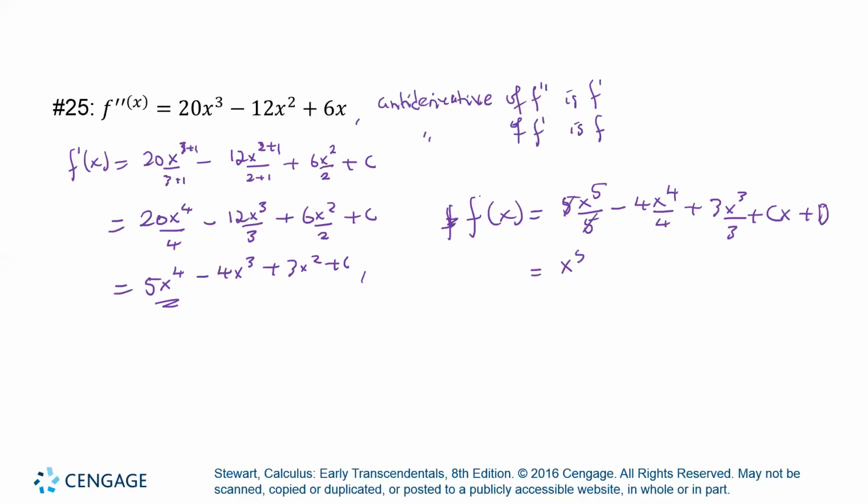So you get x to the 5 minus x to the 4 plus x cubed plus Cx plus D. Okay, so this is my f of x.